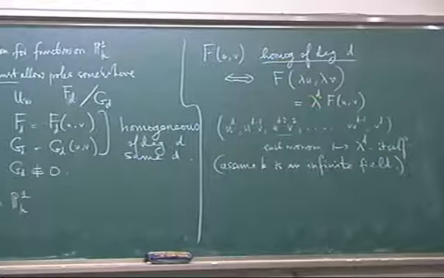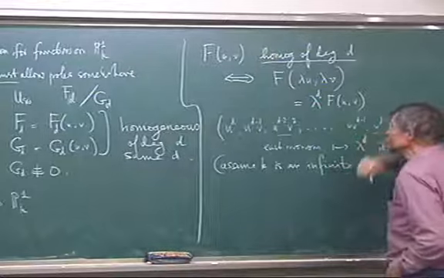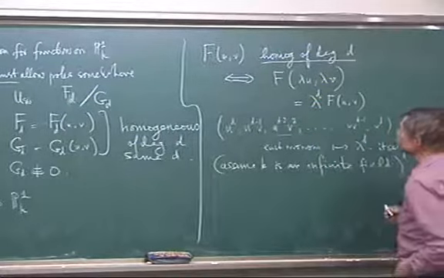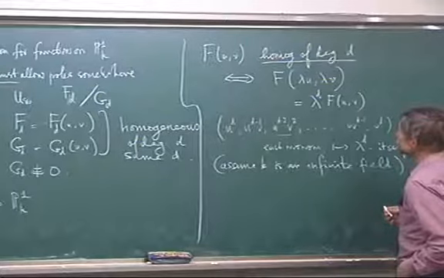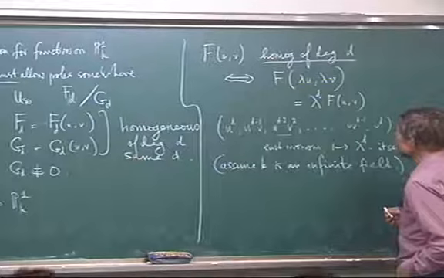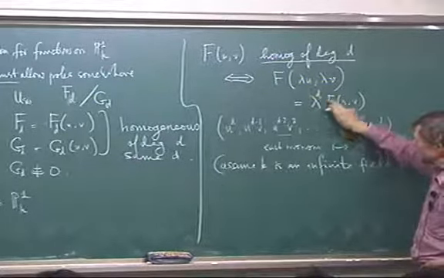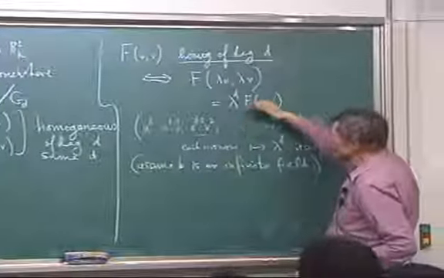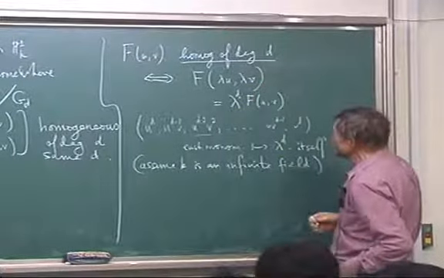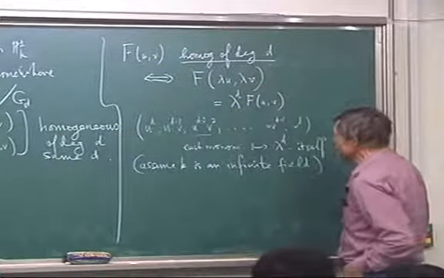But this is basically obvious. Infinite field means there are infinitely many different possible values for this lambda. If I have infinitely many zeros, the proof's easy.